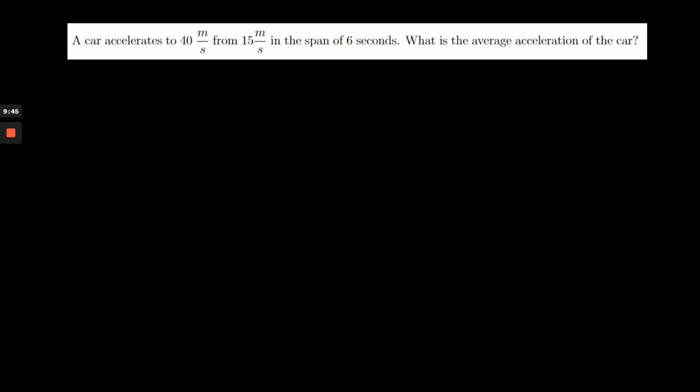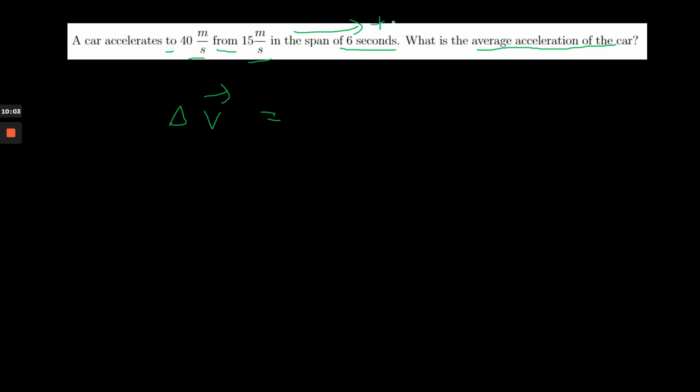Yeah, so to review average acceleration, let's look at this example problem that I have here. So we have that a car accelerates to 40 meters per second from 15 meters per second in 6 seconds. They're asking for the average acceleration. So first we have to find the change in velocity, which in this case, let's say it's going to the right.